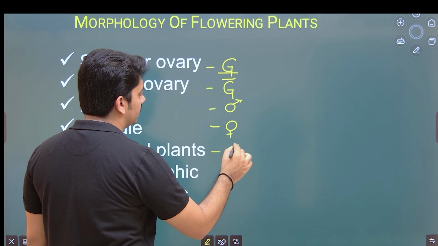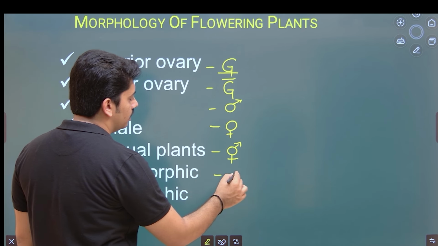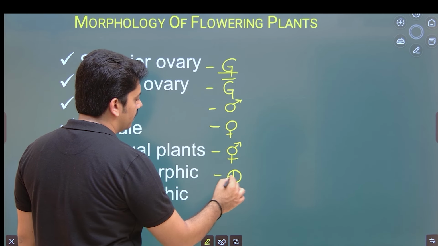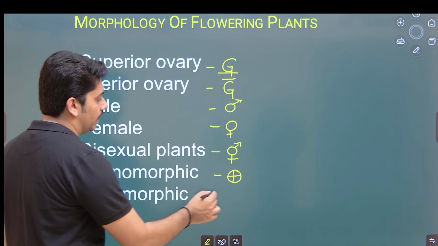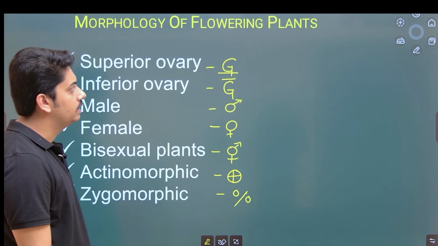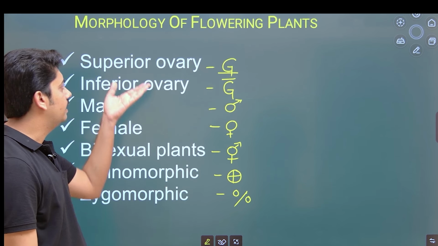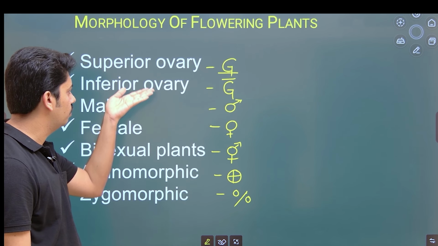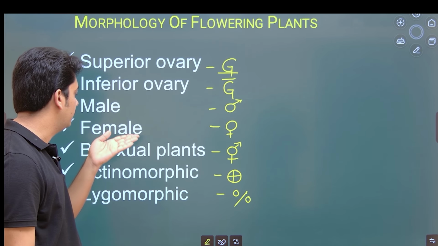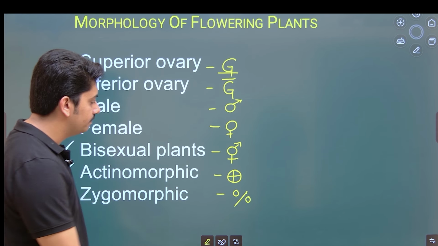Now we represent the bisexual like this. Then actinomorphic condition, circle with plus sign at the center. Zygomorphic like percentage. So these are the symbols denoting different conditions like superior ovary, inferior ovary, male, female, bisexual plant, actinomorphic, and zygomorphic.